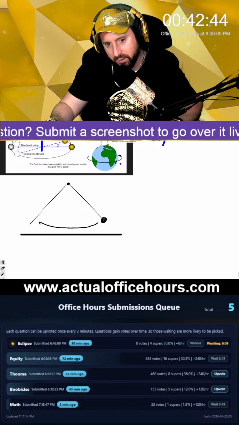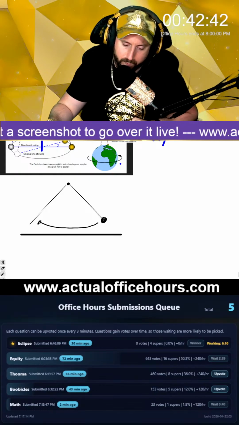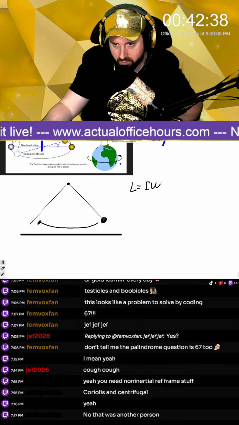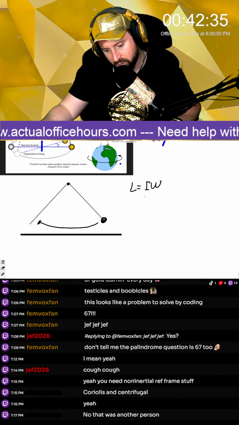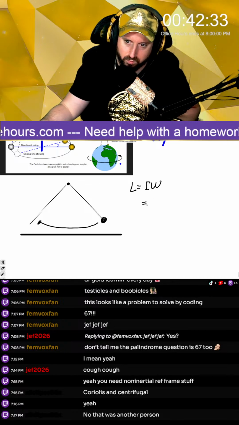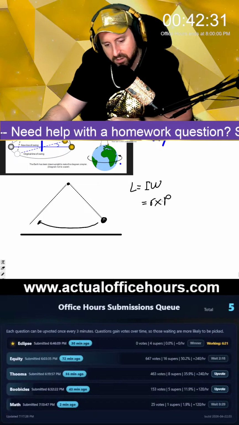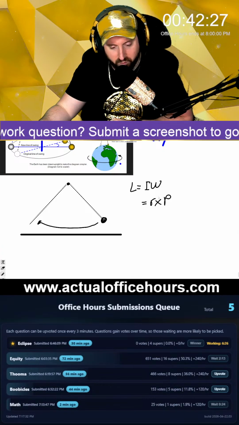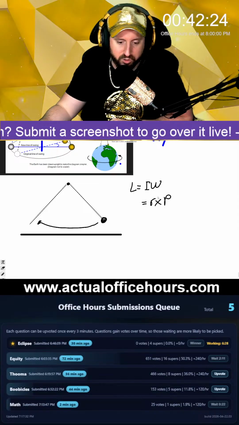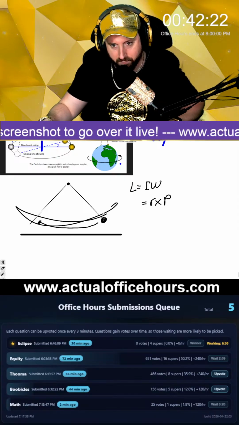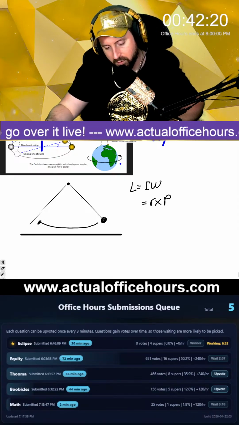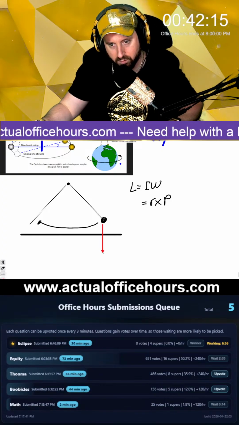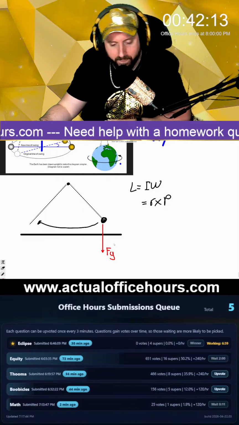So it has to do with this. L is equal to I omega, I think, right? Which is also equal to R cross P. And then there's something with the torques as well, because there's a restoring force. When a pendulum goes back and forth, it's because there's a force of gravity pulling it down.